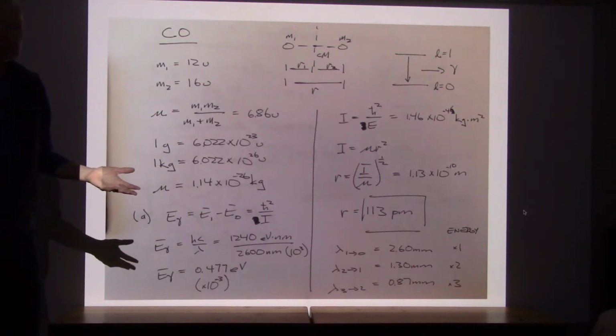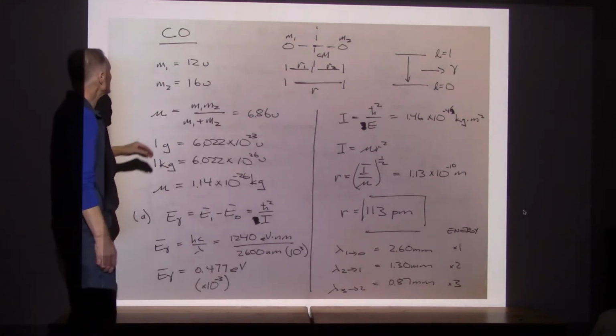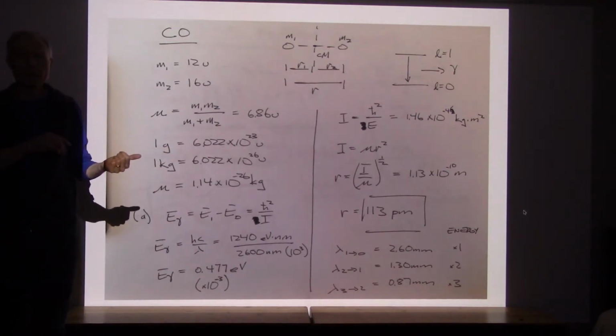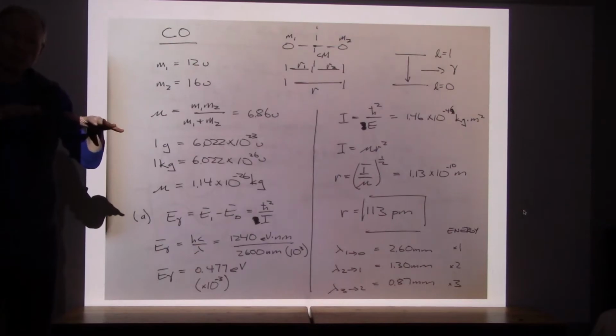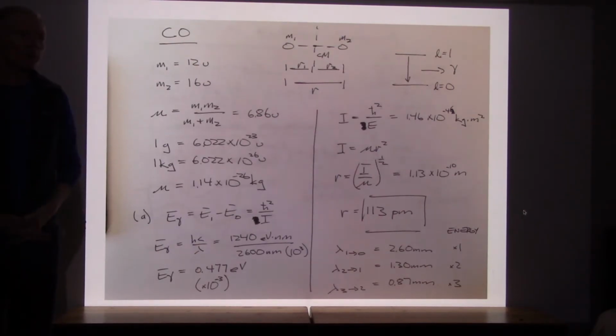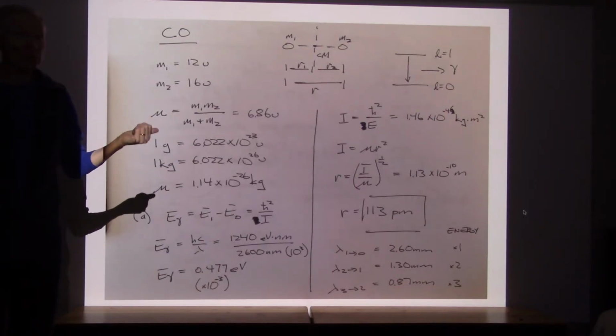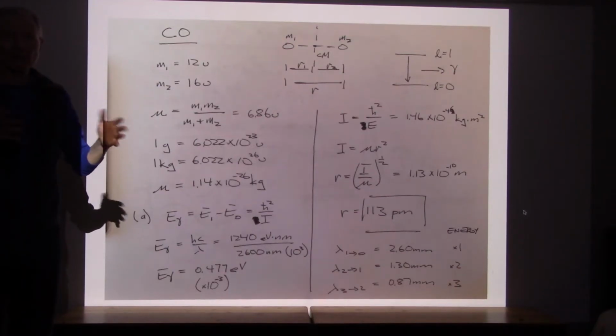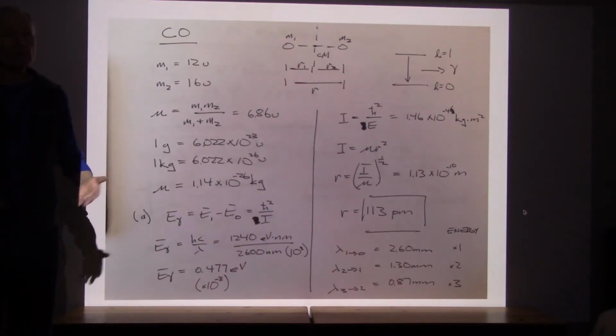I've picked the most common isotope for each, but just a reminder, this is not something we pick off the periodic table. The numbers on the periodic table are averaged over the different isotopes. When we're predicting energies, each pairing of isotopes is going to have a slightly different set of energies for its quantum states.